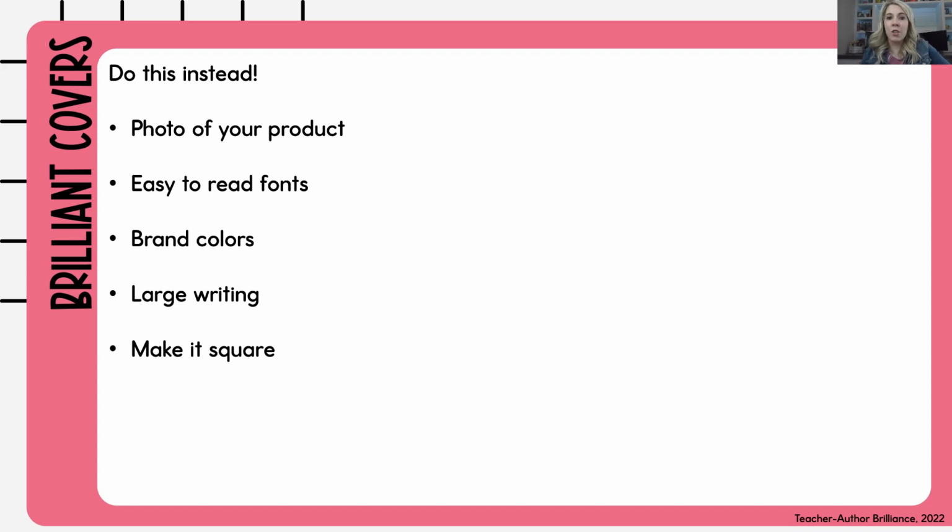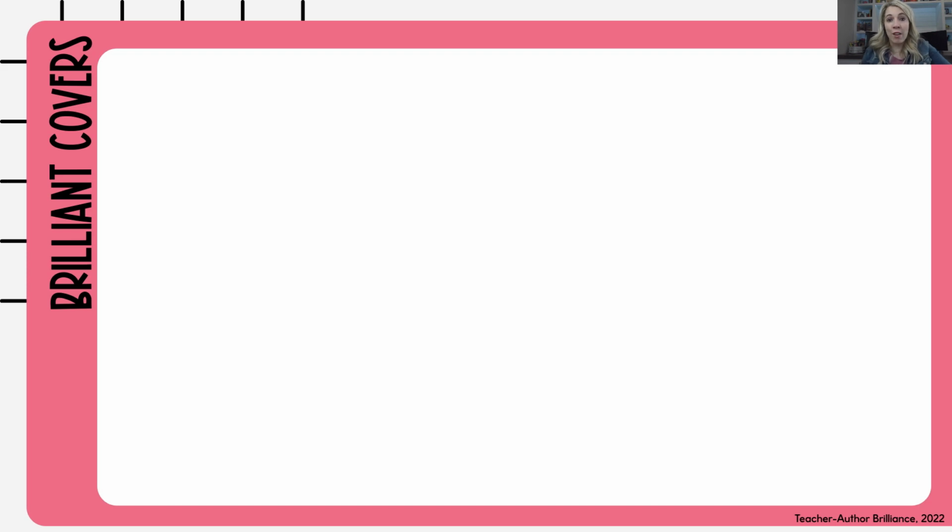And that writing should also be in a brand font. And use your space wisely. Use up every square inch of that cover, because this is the real estate that people are going to see very first. This is how you're going to grab their attention for your product and resource. You want to also make sure your logo or name is on your cover.